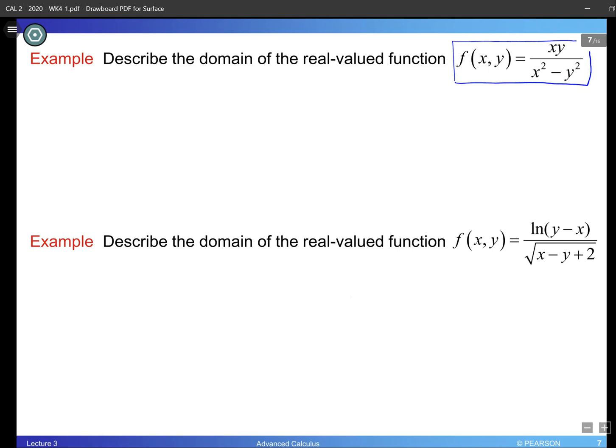Once again, I am going to use the same definition that we used before. Domain is all about the values of x and y, in this case, that make the function well defined. As you can see here, we have a fraction, and a fraction has a problem when the denominator is equal to 0. So this is going to be a problem when this term is equal to 0, and we don't want that to happen. So let's translate that into a sentence right here.